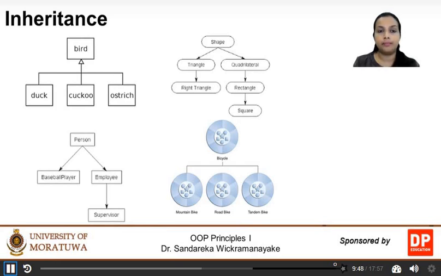As another example, consider different person types. If we take an employee and a baseball player, they both have common properties, such as the name. However, they have attributes and methods specific to them as well. A baseball player is good at a sport while the employee is working in some office. Another example is the bicycle or the ship.